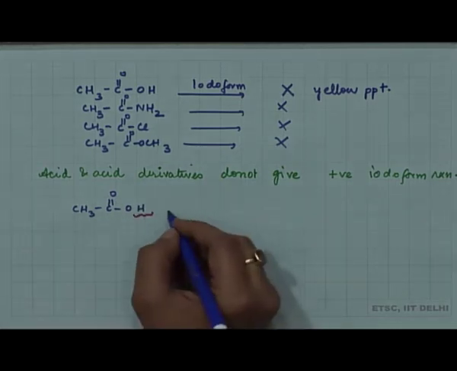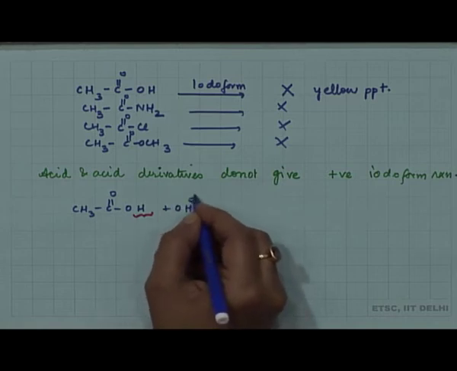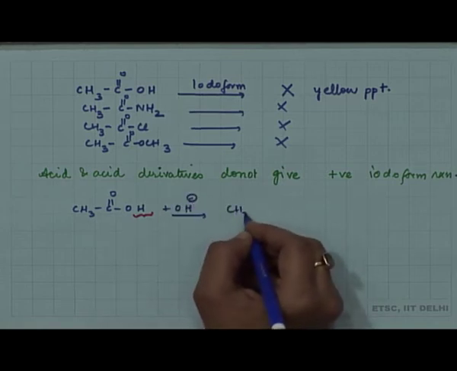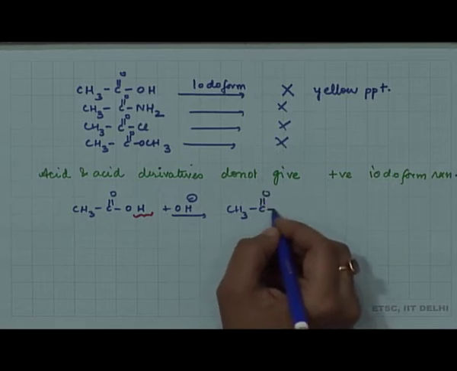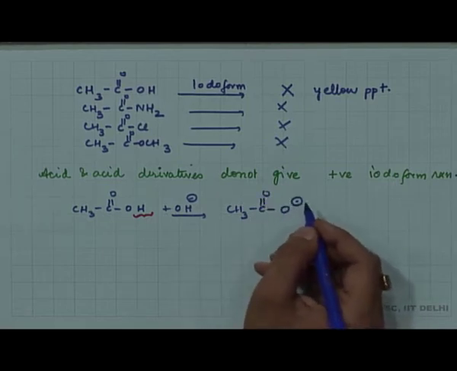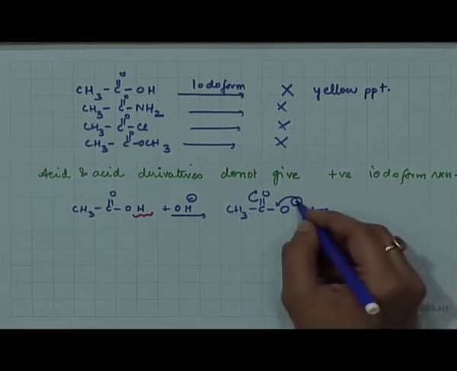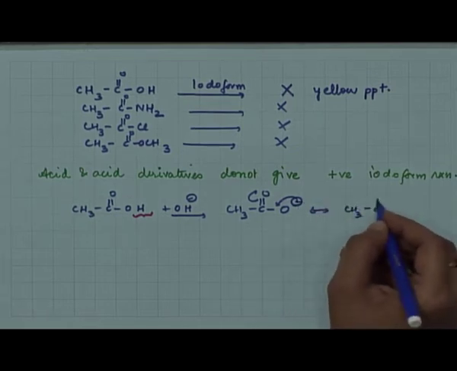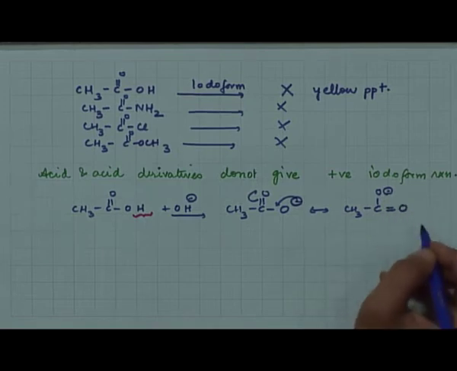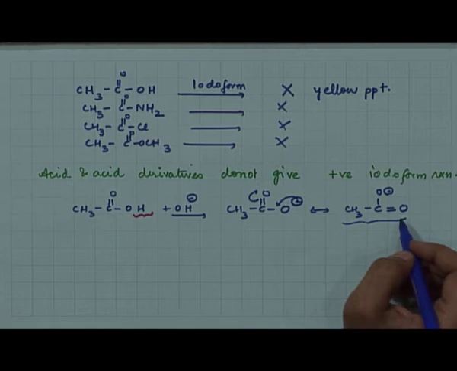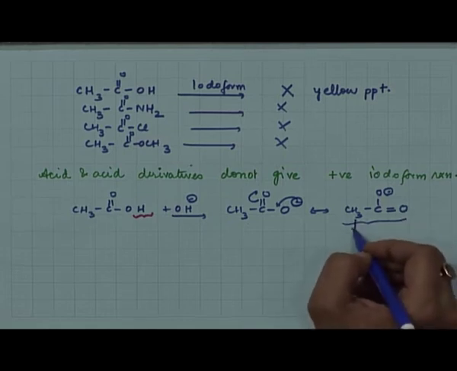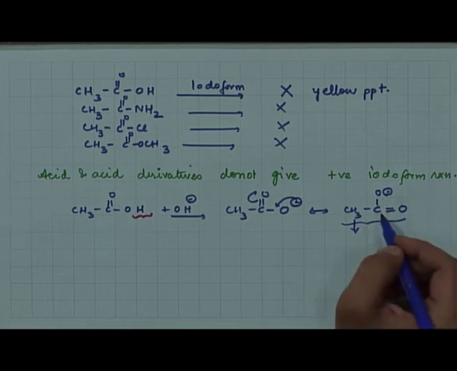So, under alkaline conditions, this is immediately going to give you the corresponding sodium acetate, the corresponding anion, which is quite stable. This is already a charged species, the molecule is already charged now. So, the deprotonation of these alpha hydrogens is going to be very, very difficult.